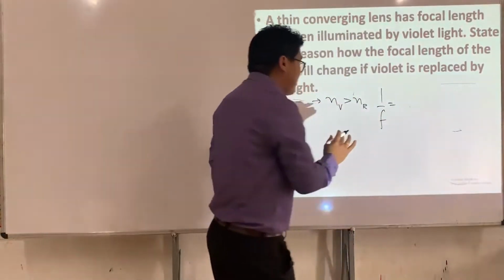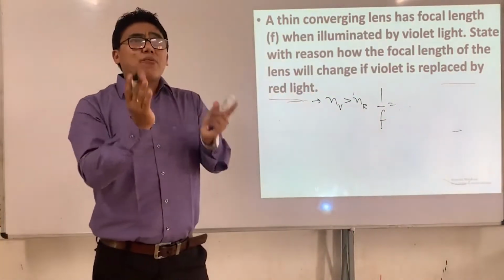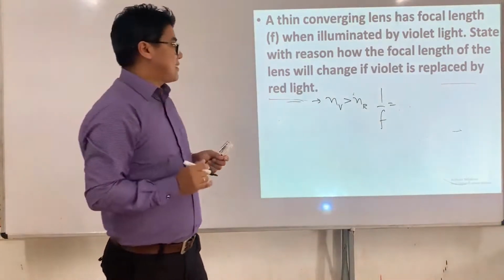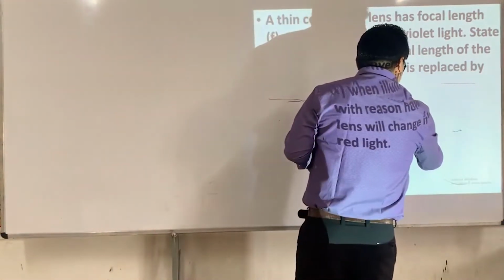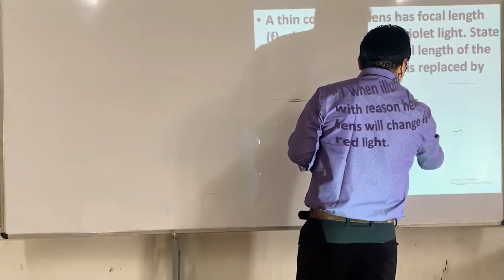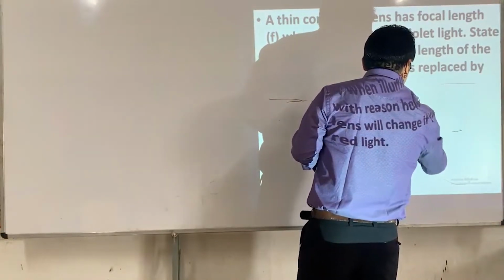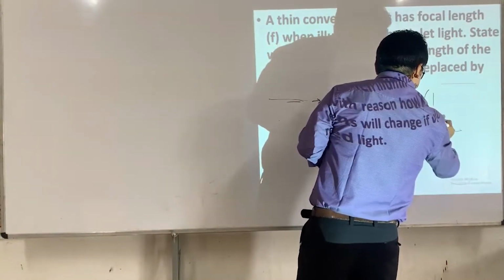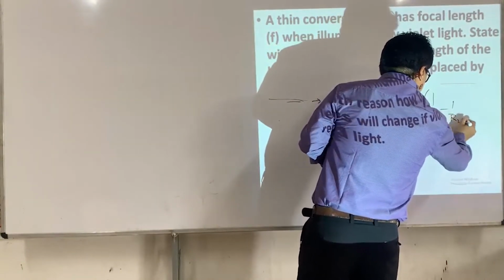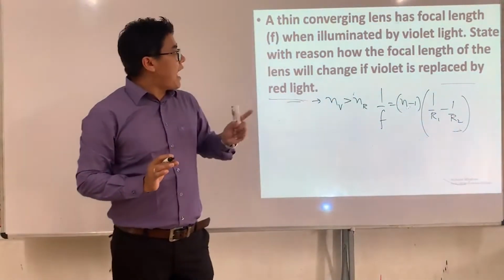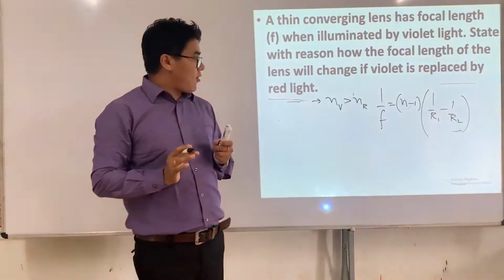Because this time it has nothing to do with the curvature; it has to do with the refractive index. So this is the general formula. This is the concept behind this problem, right?